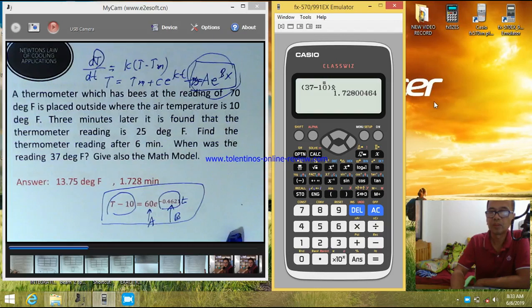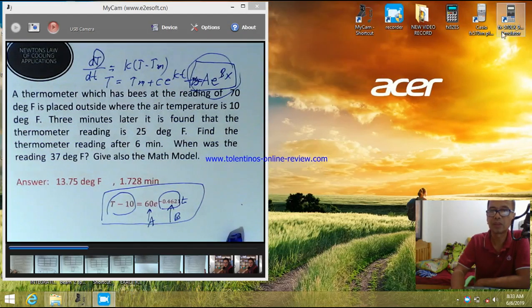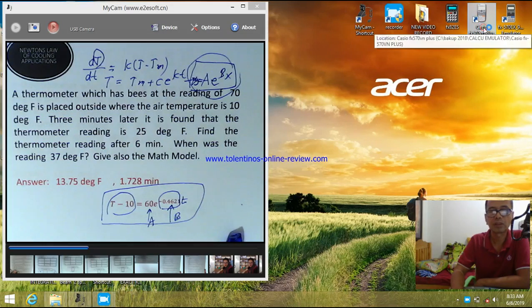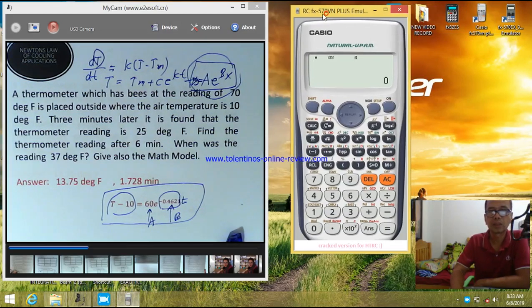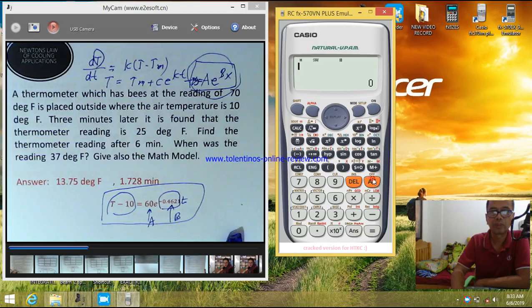Now this can be done also using the fx-991ES, 570, or 991EX. Okay, let's have that calculator now. Alright, let's use this calculator. Enter mode 3. This time input the model, which is 5. Then input 0, when x is 0, and you will have the temperature difference of 60.